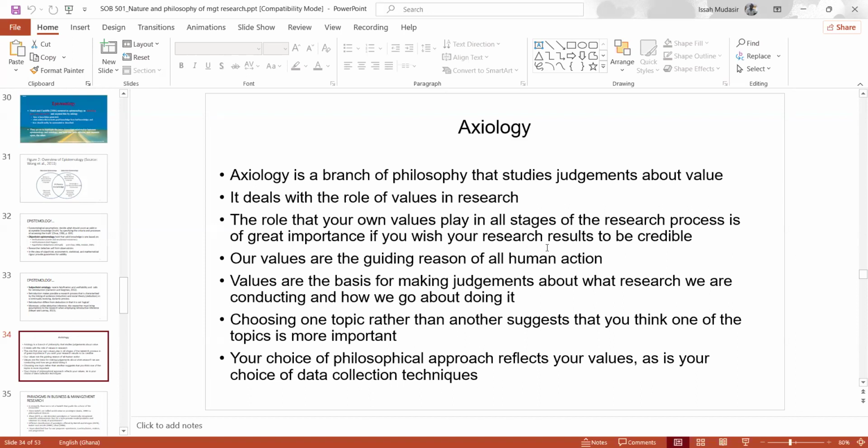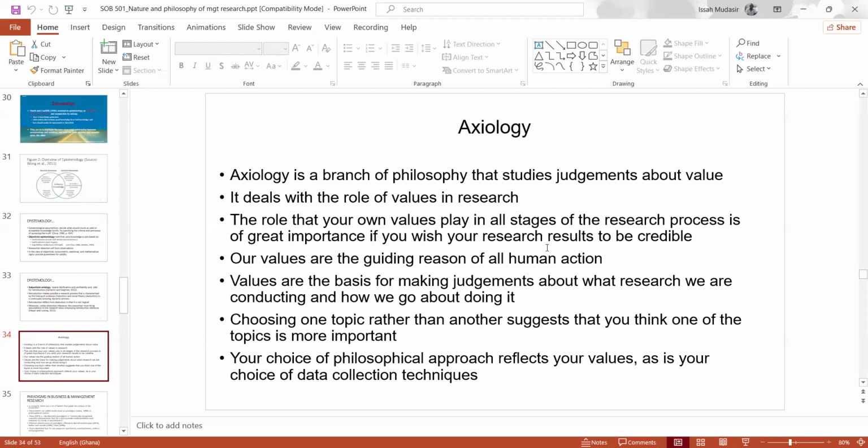So if you are somebody who is an objectivist when it comes to ontology and epistemology, then in terms of axiology, you will believe that research is value neutral. If you are a subjectivist in ontology and in epistemology, when it comes to axiology, you will say that research is value-laden.